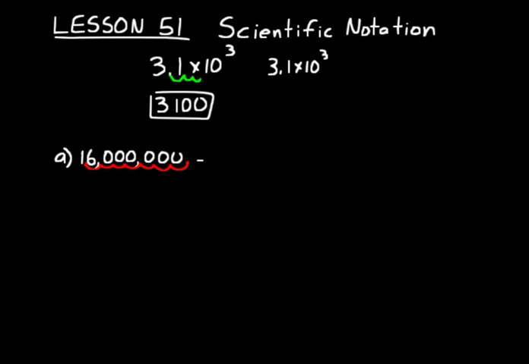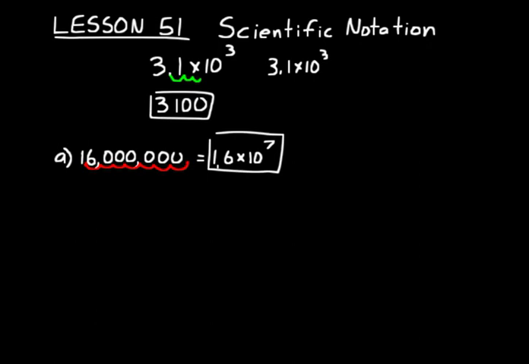That means our answer is 1.6 times 10 to the 7th. Since we moved it over 7, our answer is 1.6 times 10 to the 7th. That's the standard scientific notation form for 16 million, basically.